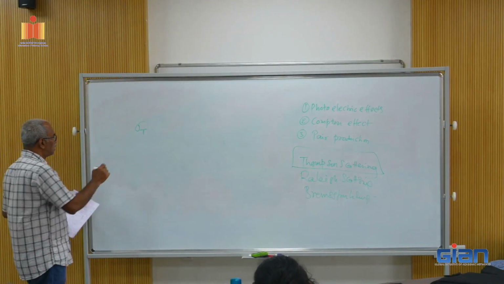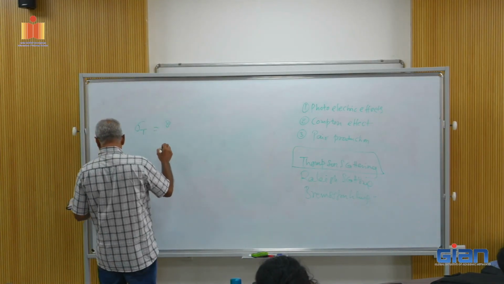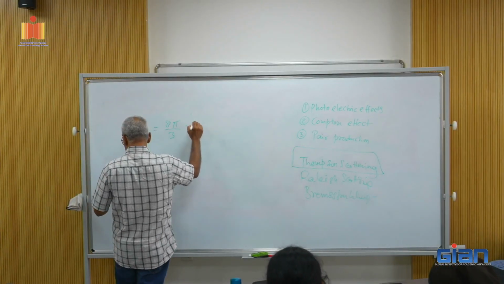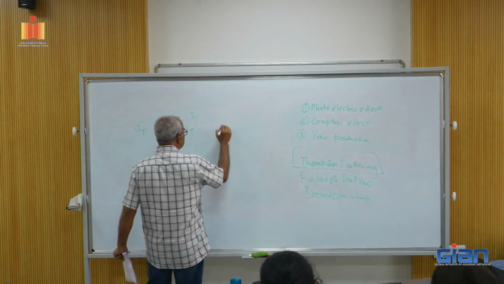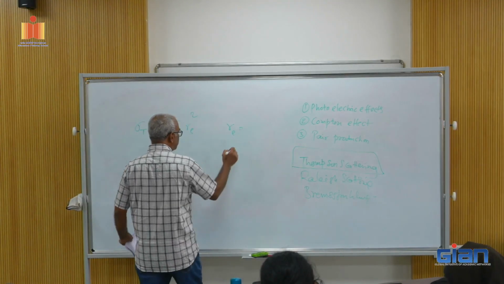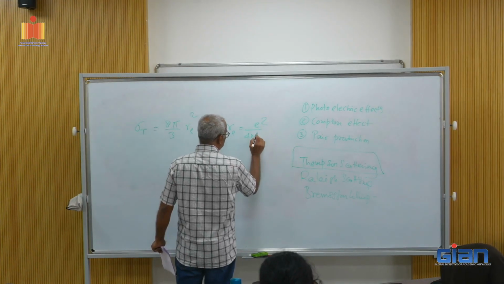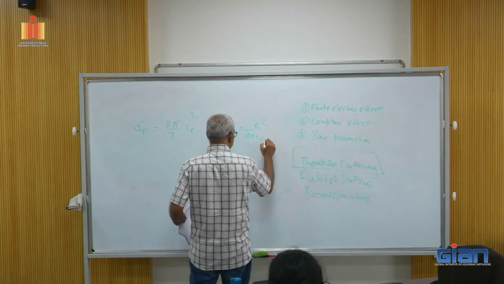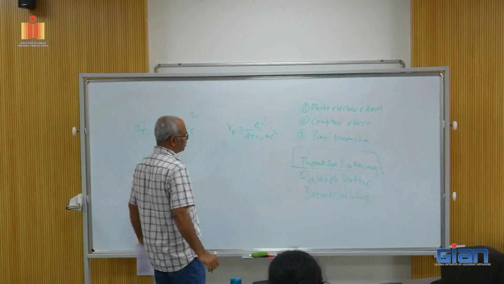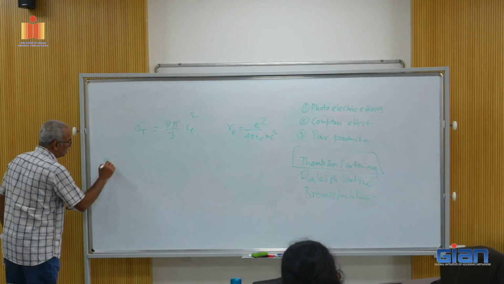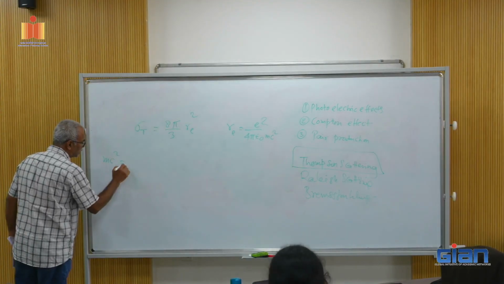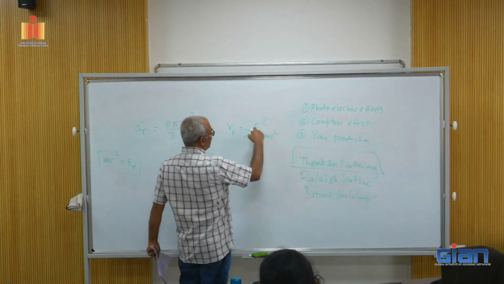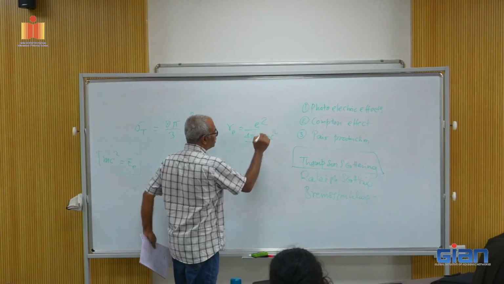So sigma T is something like 8 pi by 3 r squared, where r is the classical electron radius, e squared over 4 pi epsilon 0 mc squared. m is the mass of the electron, so mc squared is nothing but the rest mass energy of the electron. And the charge of the electron is known. We know these are numbers, and this is also fixed.